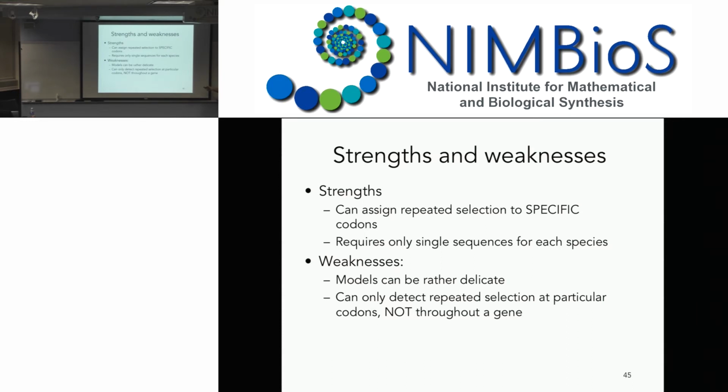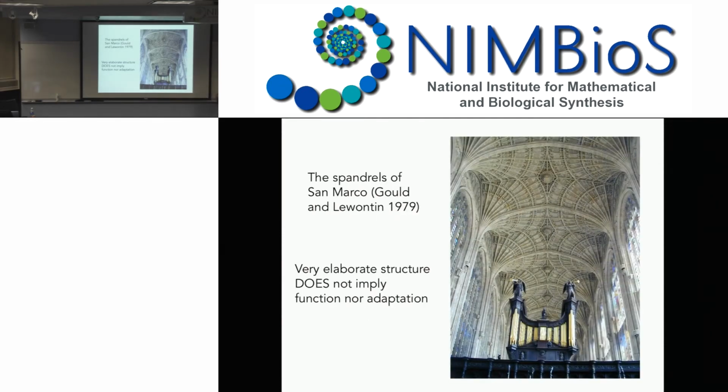The weaknesses are models can be rather delicate, to put it mildly, and you can only detect repeated selection at particular codons, not throughout a gene. So if you have a pattern of excess substitutions throughout a gene, it might not give you enough signal when you go through on a codon by codon basis, because it's not amalgamating changes over all the individual codons, it's doing it on a codon by codon basis.